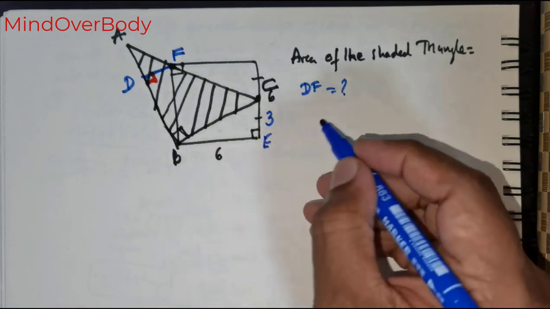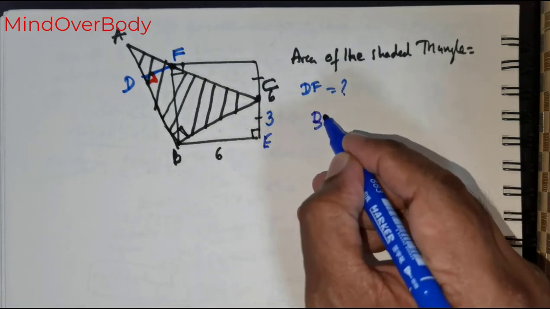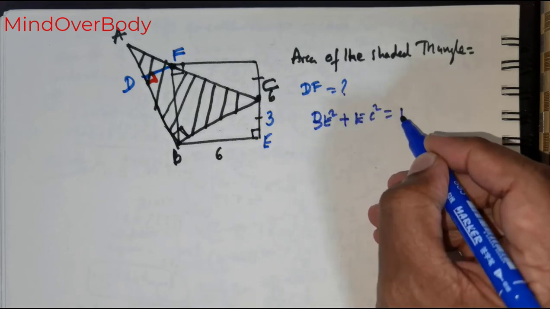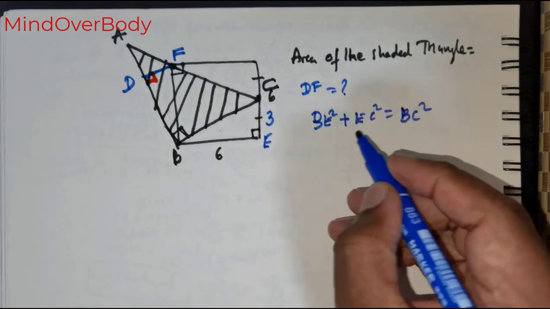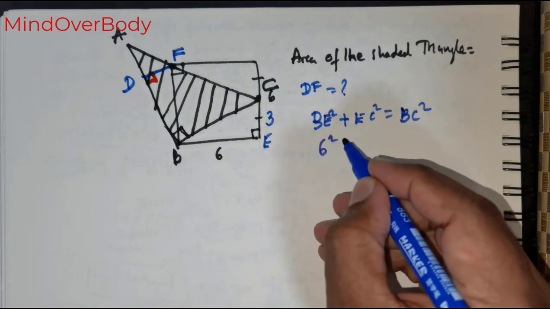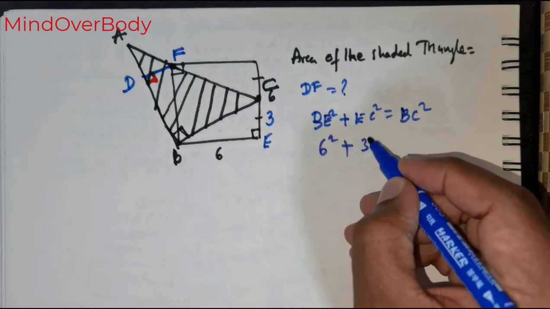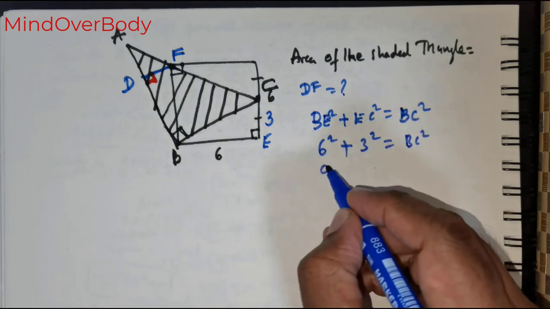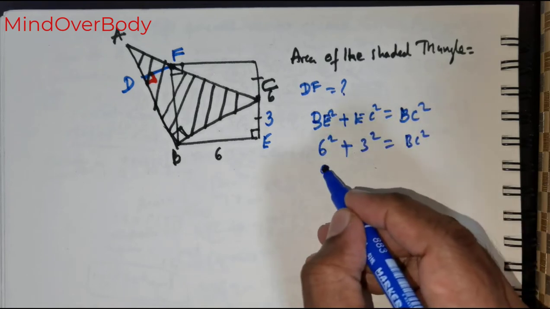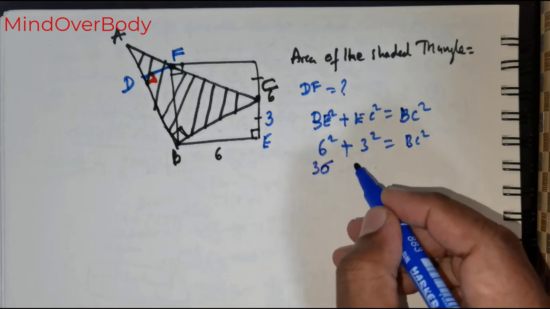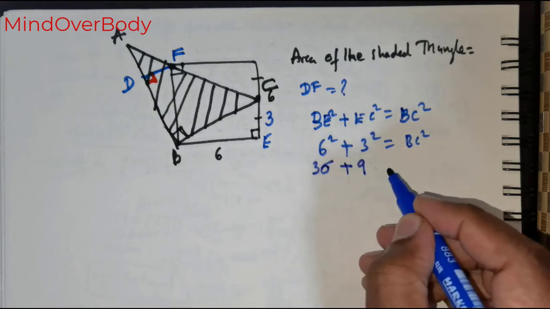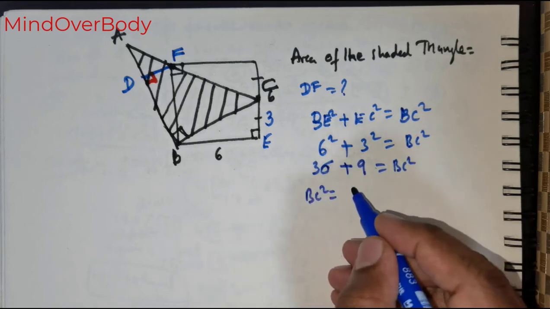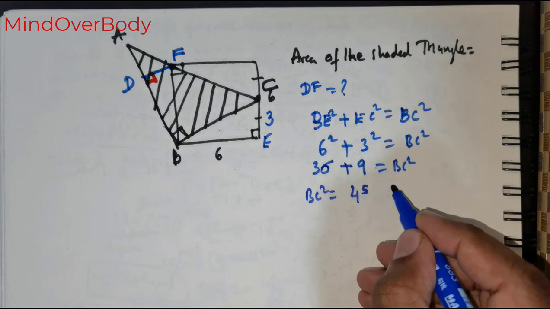So by Pythagoras I got BE squared plus EC squared is equal to BC squared. Now BE is 6 squared, EC is 3 squared, and BC squared I need. So this is 6 squared is 36, 3 squared is 9, so BC squared is equal to 36 added with 9 gives me 45.